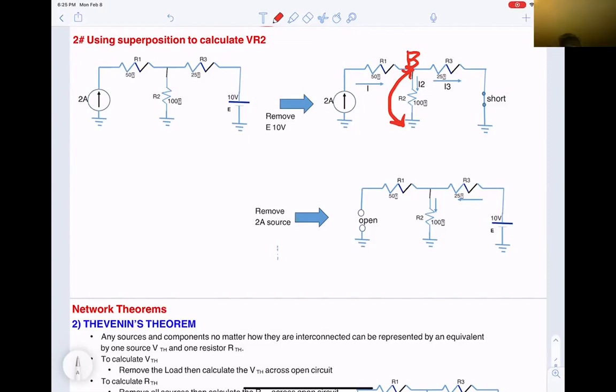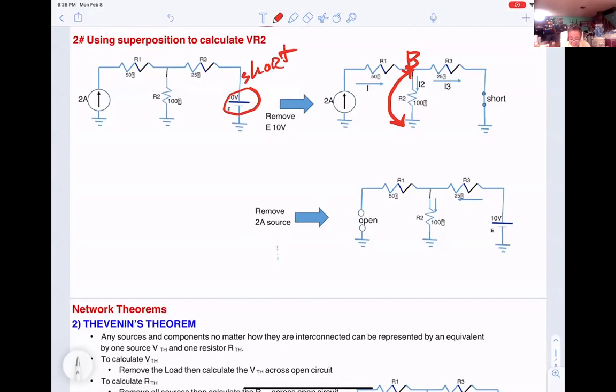In this case, you have R2 in parallel with R3. And then you use the current divider law. Okay, I draw the circuitry. You look at the circuitry.